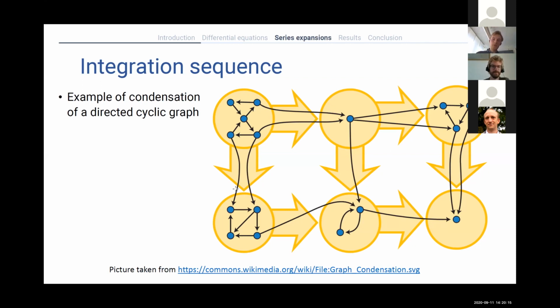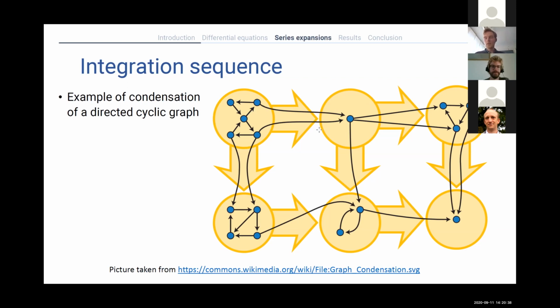And so if you interpret this as the matrix of the differential equations, then what you're seeing here is the sequence in which you have to integrate things. So for example, this blob goes to this blob here, which means that you should first integrate this blob before integrating this one.